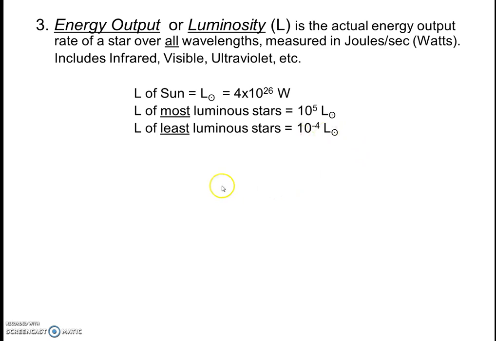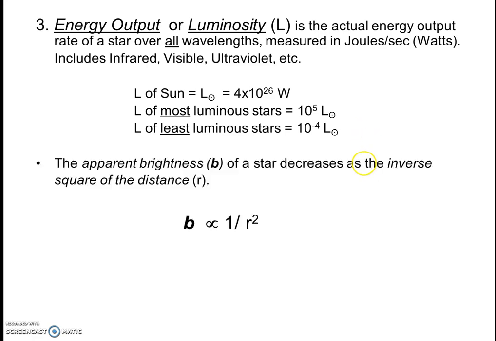And that, of course, depends on two things. It depends on how bright the star is, but it also depends inversely on distance. And not just inversely on distance, but inversely as distance squared. You may remember that term from our talk about gravity earlier on in the course.